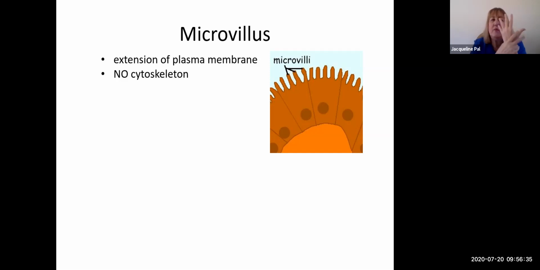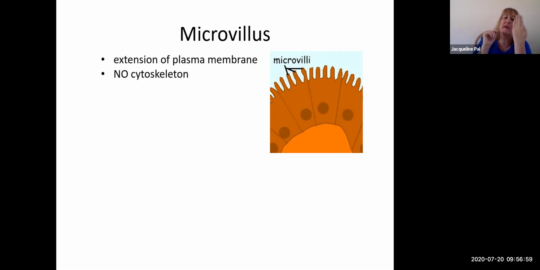There's no cytoskeleton, there's no microtubules, no microfilaments, no intermediate filaments. And what these do, each one of these would be called a microvillus. So altogether, more than one microvillus is known as microvilli, okay?